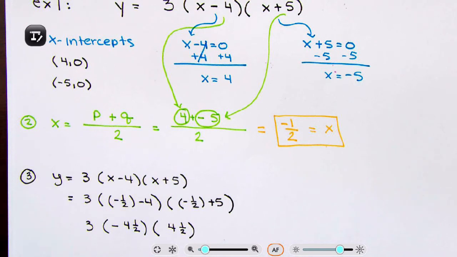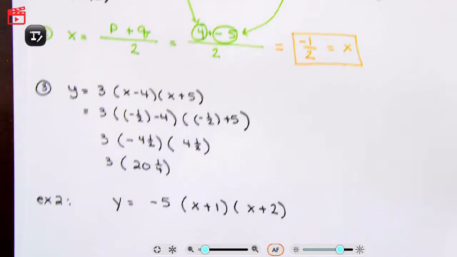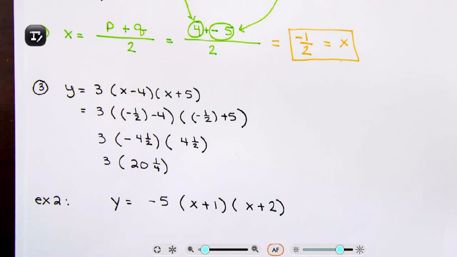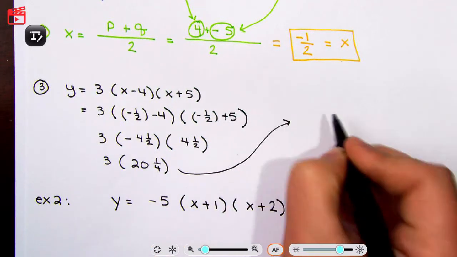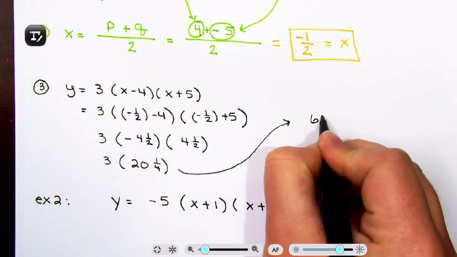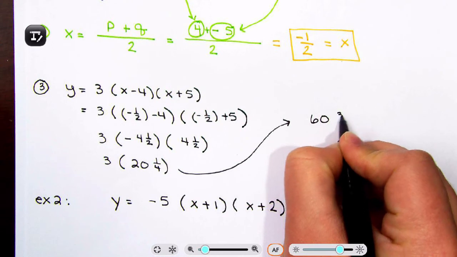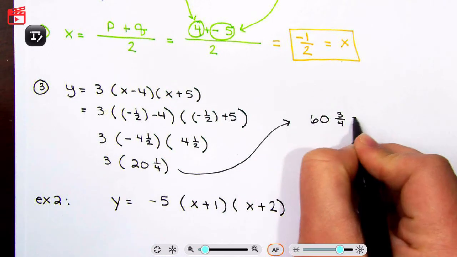So 4 1/2 times 4 1/2 gives me 20 1/4. Again, I am using my calculator on this. It's okay to use your calculator. And I'm going to multiply that by 3, which gives me 60 3/4. This is your output.